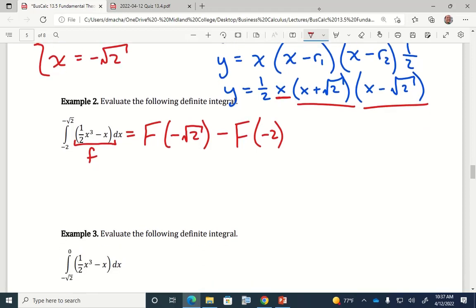So if my lowercase f function is 1/2 x cubed minus x, what would be the antiderivative of that function?